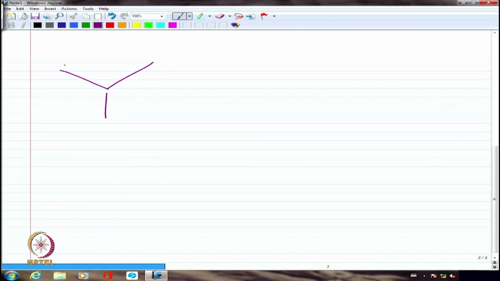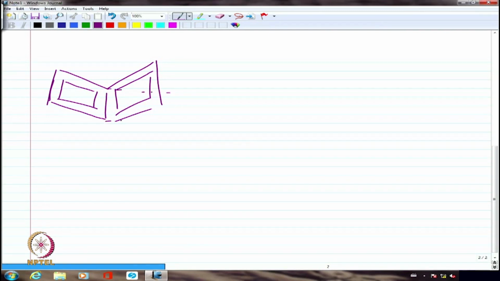So maybe one of the cores is something like this. I'm not very good at drawing, but I'm trying to show how maybe one of the cores will be. And the second core can be something like this. And the third core can maybe come out like this.